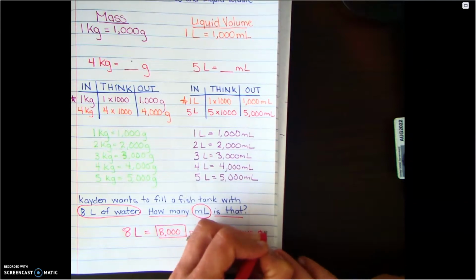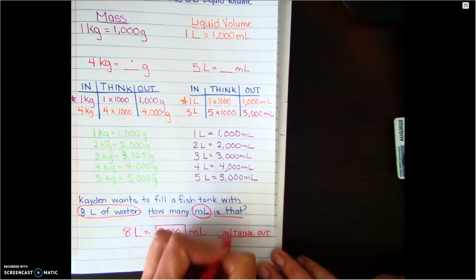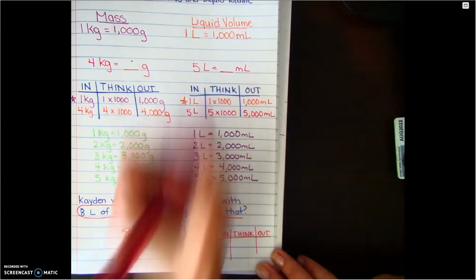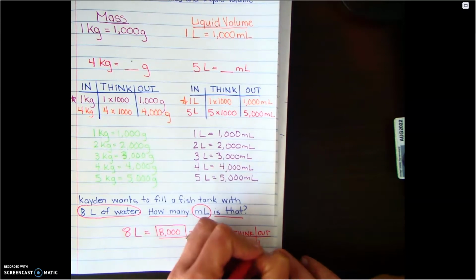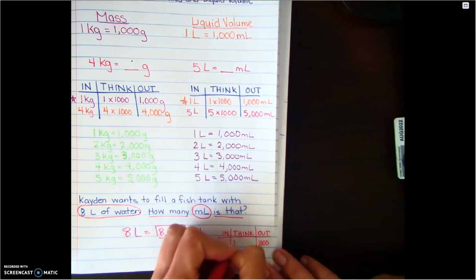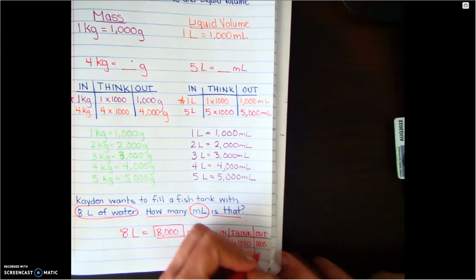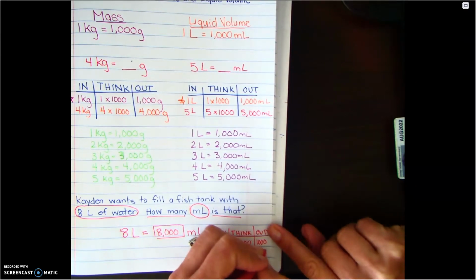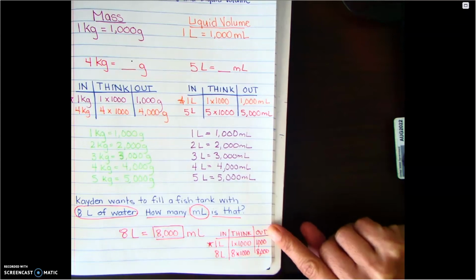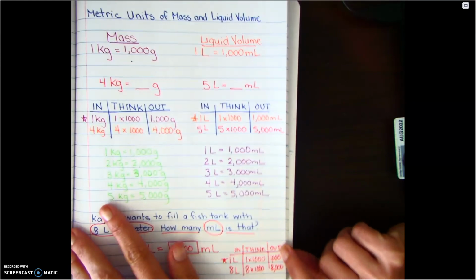Now, if I didn't remember the pattern, I can still figure it out with my think chart. I would do, okay, 1 liter is 1,000. I would do 1 times 1,000, but I have 8 liters, so that's my helper. So then I would put 8 liters, it would be 8 times 1,000, and that would get me 8,000. So if you see the pattern, you can just write it, and if you don't, then you can do your think chart. All right, good luck on today's assignment.